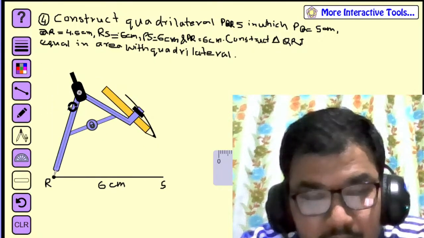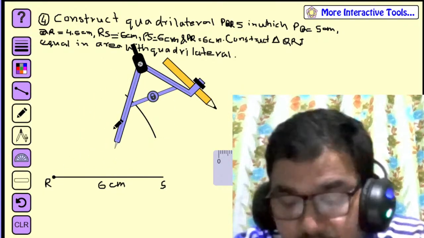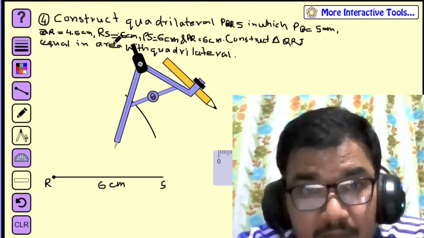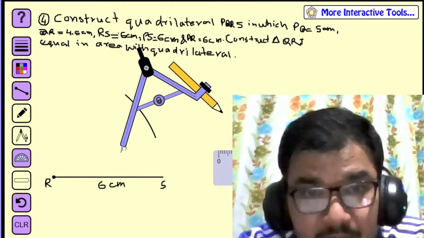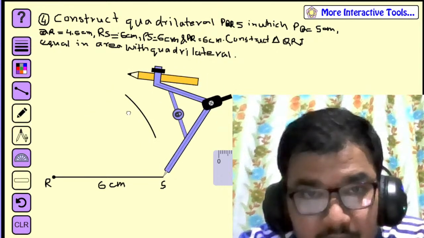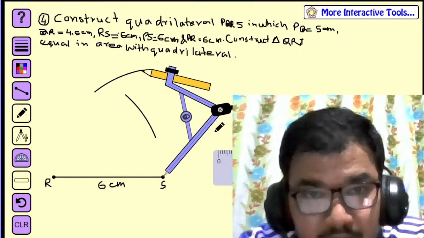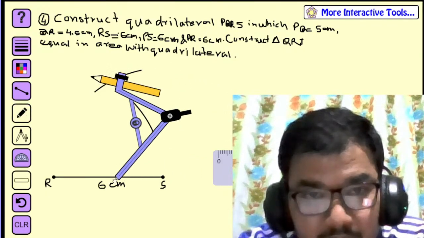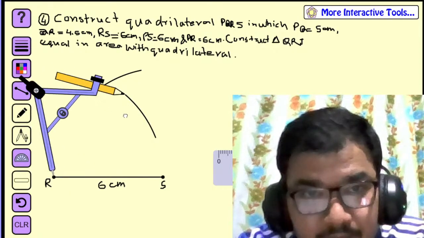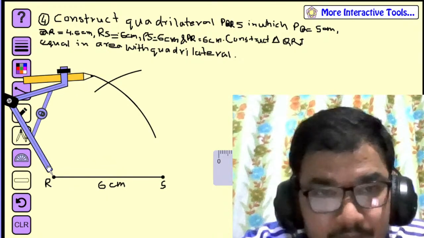This is 6 centimeter long arc. Same, there is also another 6 centimeter, that is from P to S. P to S also 6. That's why from here, this is also 6. That's why we have to repeat it, so we draw a little bit longer arc here, make it longer like this.